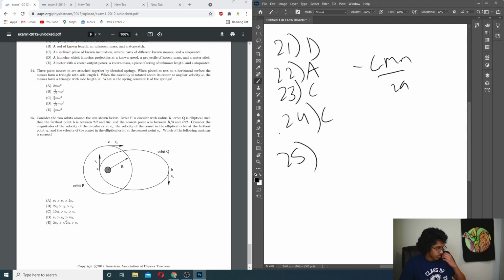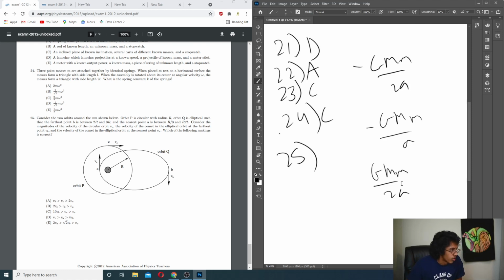So essentially for V, your potential energy always stays the same. It's always going to be negative GMM over A, right? So your kinetic energy, or sorry, this is positive, or no, it is negative. So that means your kinetic energy is always equal to GMM over 2A. And I'm assuming the mass doesn't really matter, so we only care about the first part.